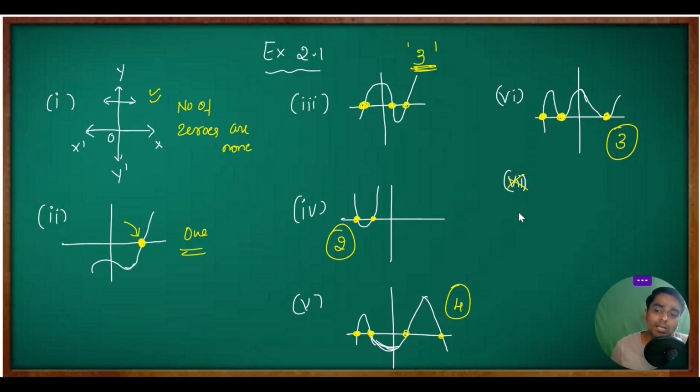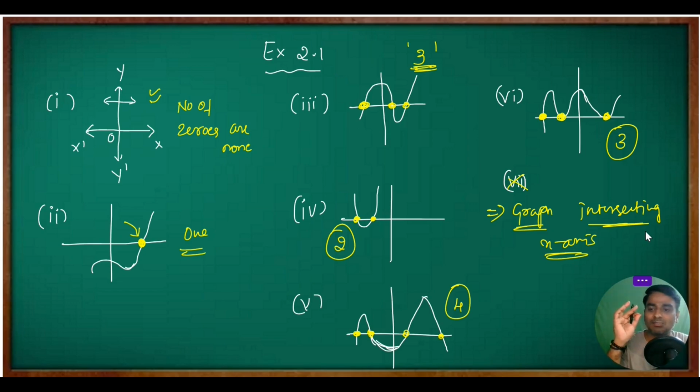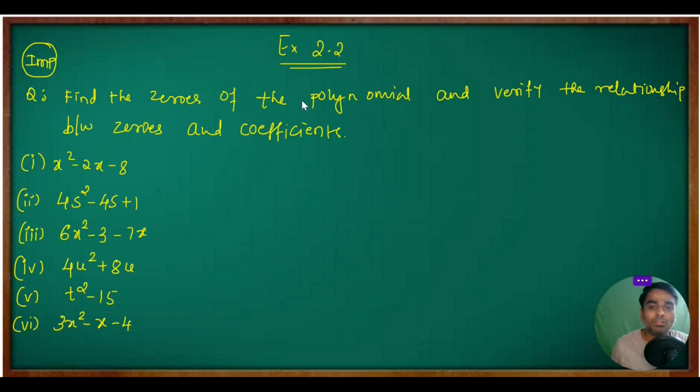So what we just need to see is at how many points the graph is intersecting the x-axis, only the x-axis, nothing else. Got it, friends? One more important set of questions I have already written. This is a very important part of this chapter, please focus.